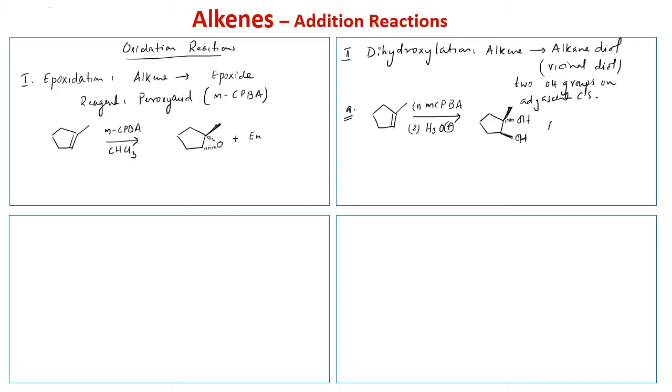We get the anti-diol because the two hydroxyl groups are facing in opposite directions.